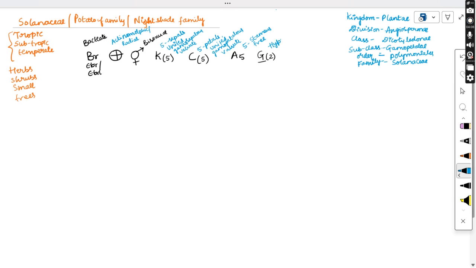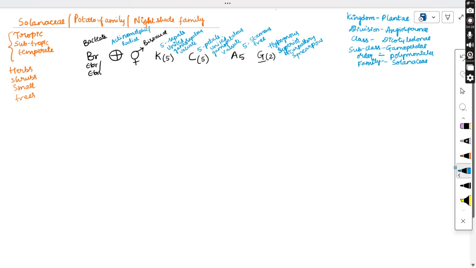So this is a hypogynous, superior ovary. Bicarpellary, or 2 carpels are present, and these 2 carpels are in fused condition. So that is syncarpous condition. If they are free, apocarpous. If they are fused, syncarpous.